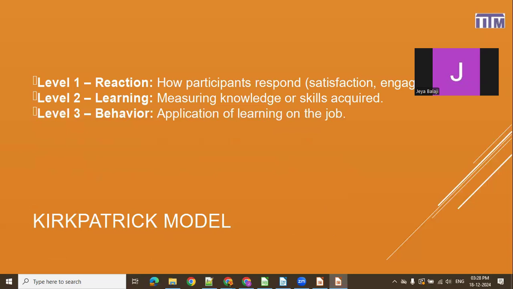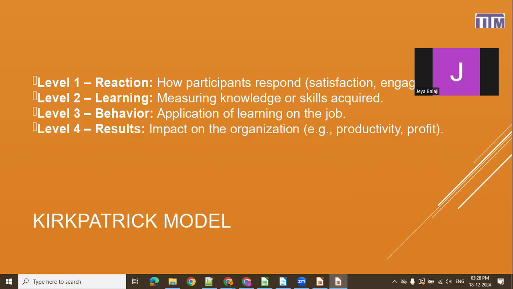The third level is the behavior, where we see if the participants are able to apply that knowledge in their day-to-day work. This is also a post evaluation model where we see their workplace and check if the knowledge is being applied.